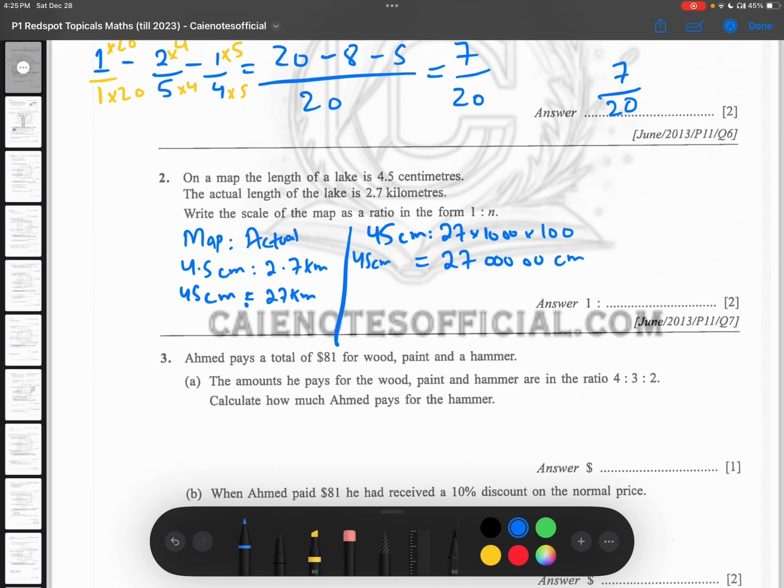So we will divide both sides of the ratio by 45. 45 divided by 45 is 1, and 2.7 million divided by 45 is 60,000. So this is the ratio in the form 1 ratio n.